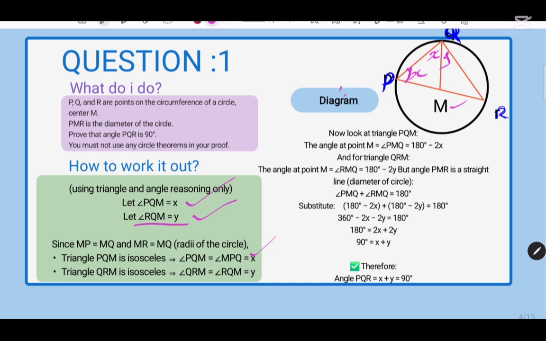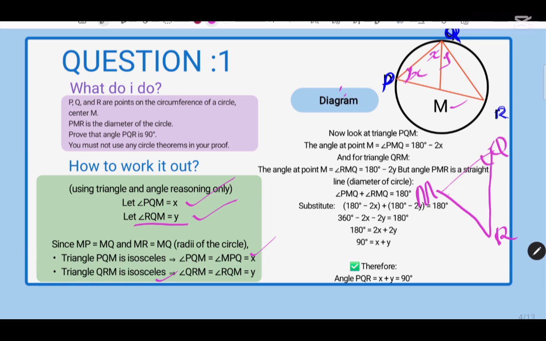Triangle QRM is isosceles as well. So let's look at triangle QRM. I could bring it out as well: Q is here, R is here, and M is here.